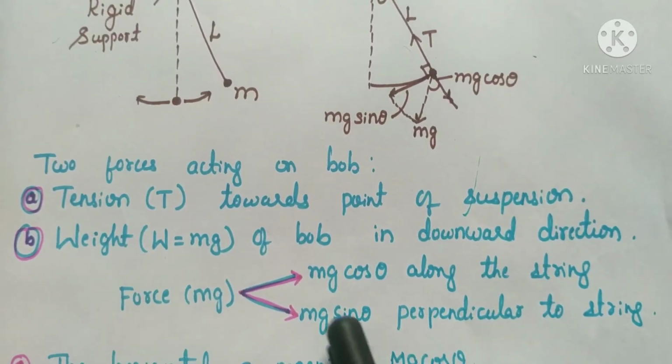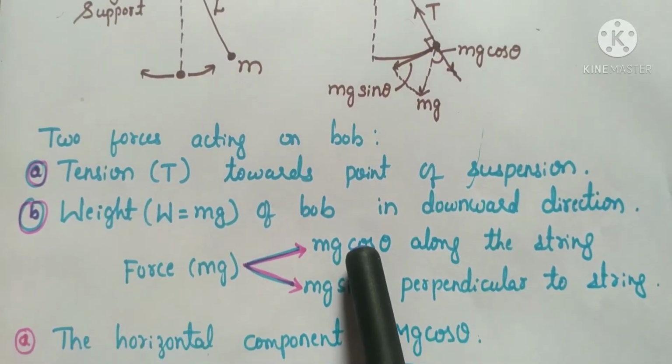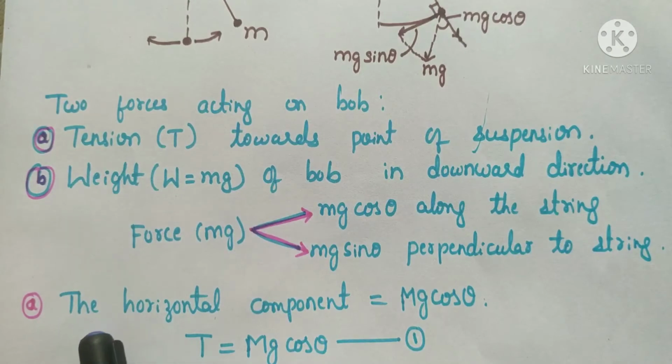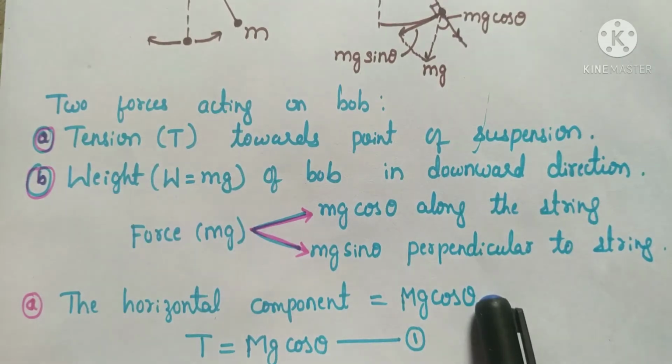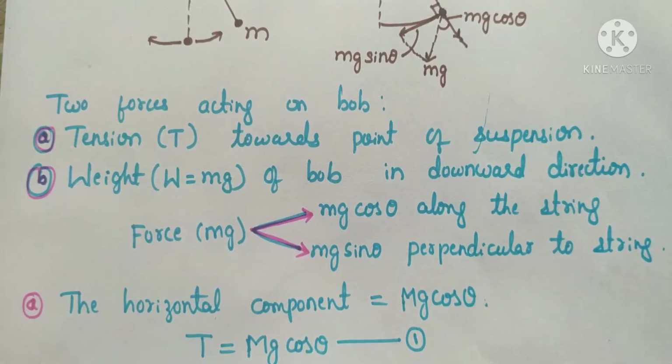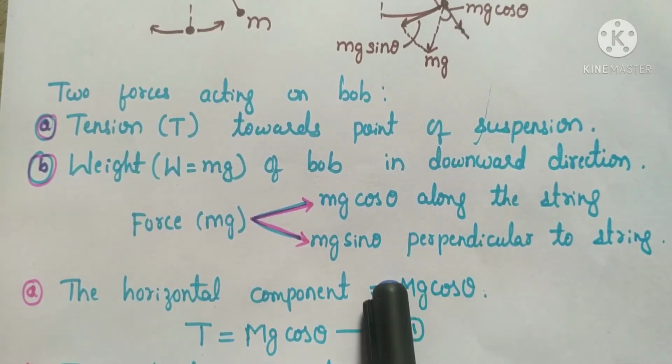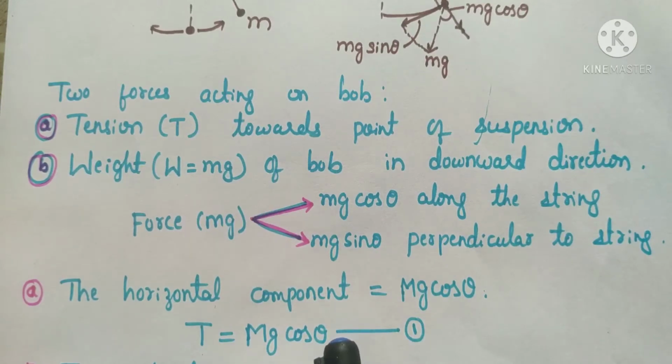Here mg cos theta is balanced by the tension created in the string. This can be written as T equals mg cos theta, and I will name this equation number 1.